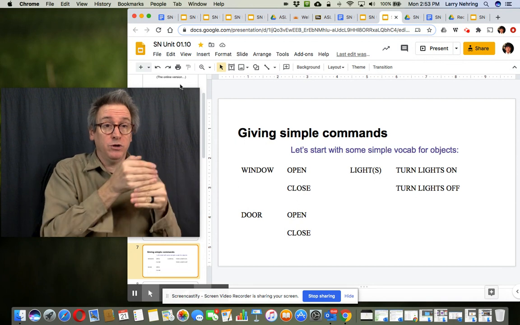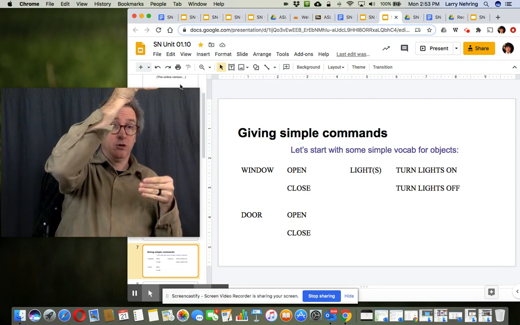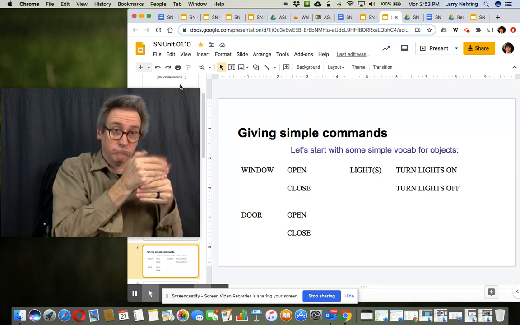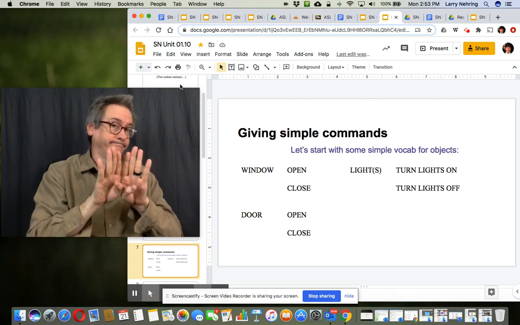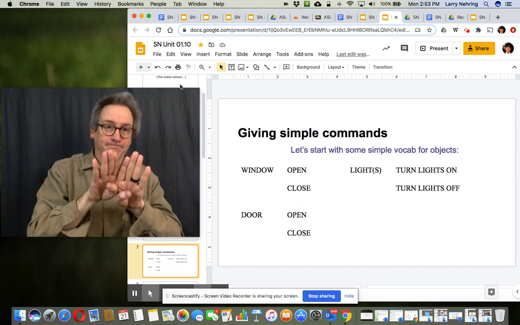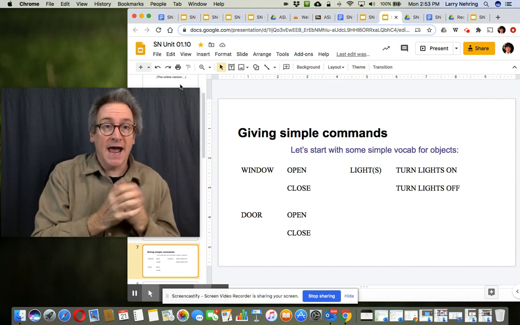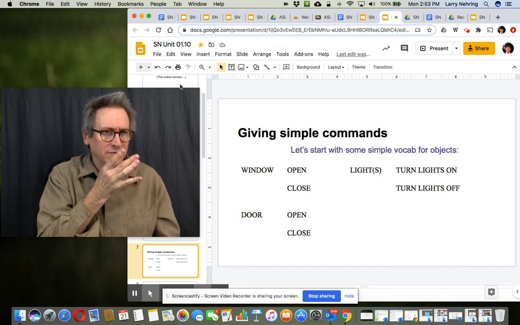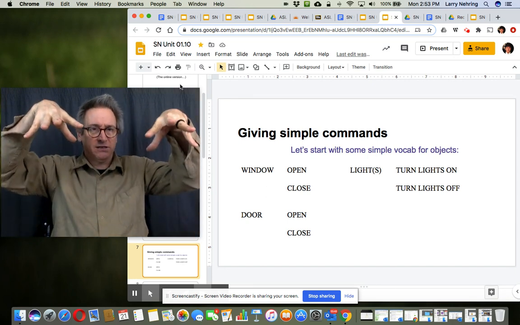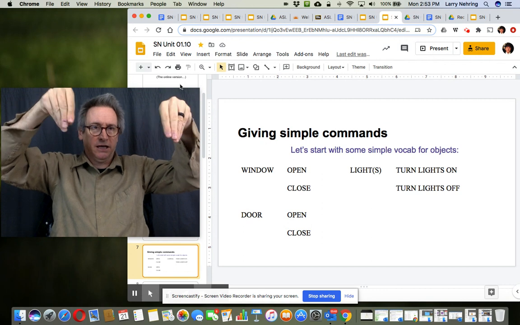Now for window, you can open the window or close the window. Door. Okay. And lights is a little different because it's more of an abstract idea for light. So imagine that these are the lights. The lights are on, the lights are off.